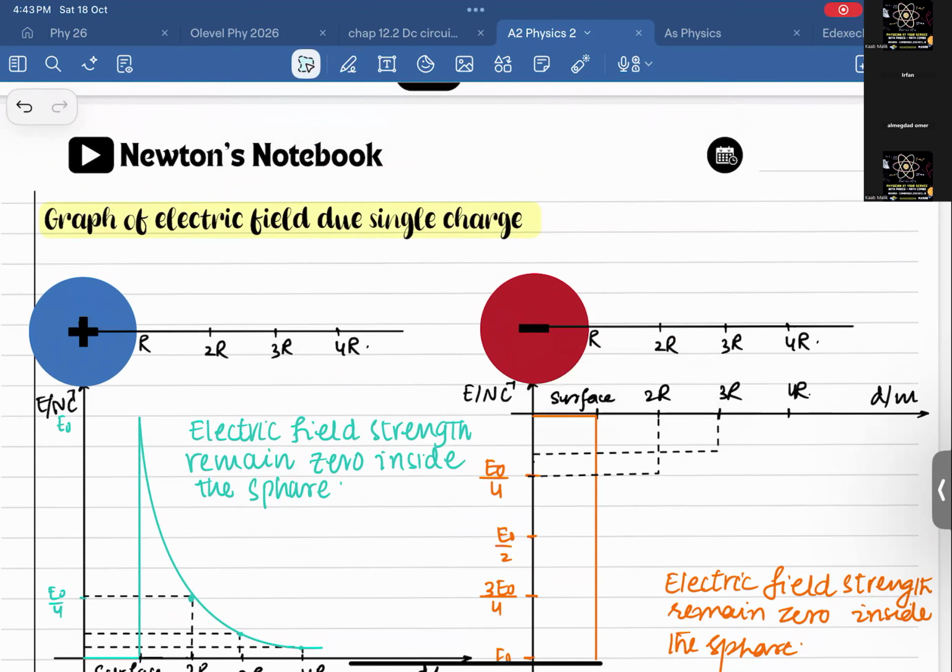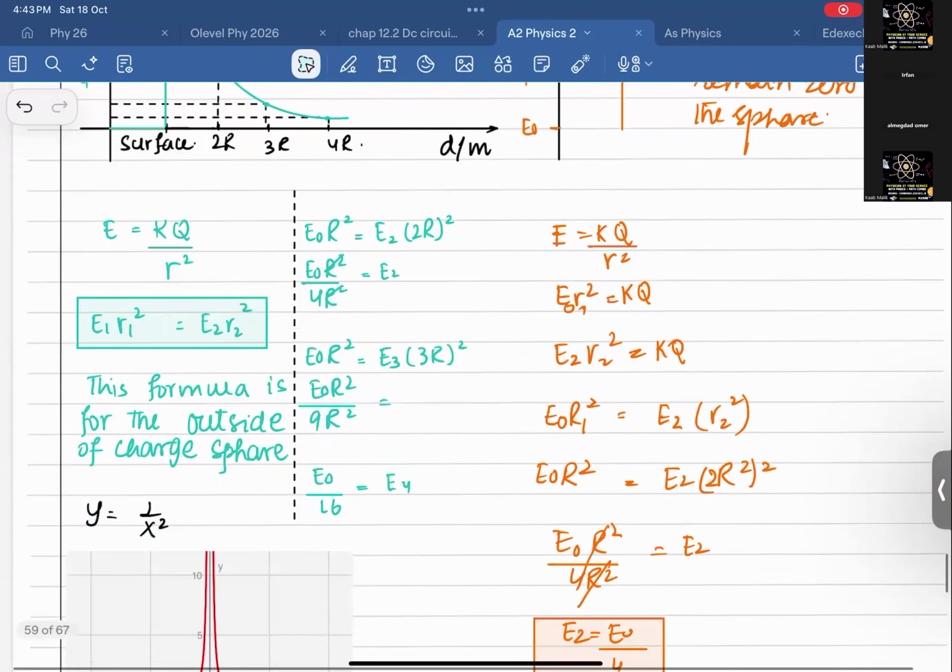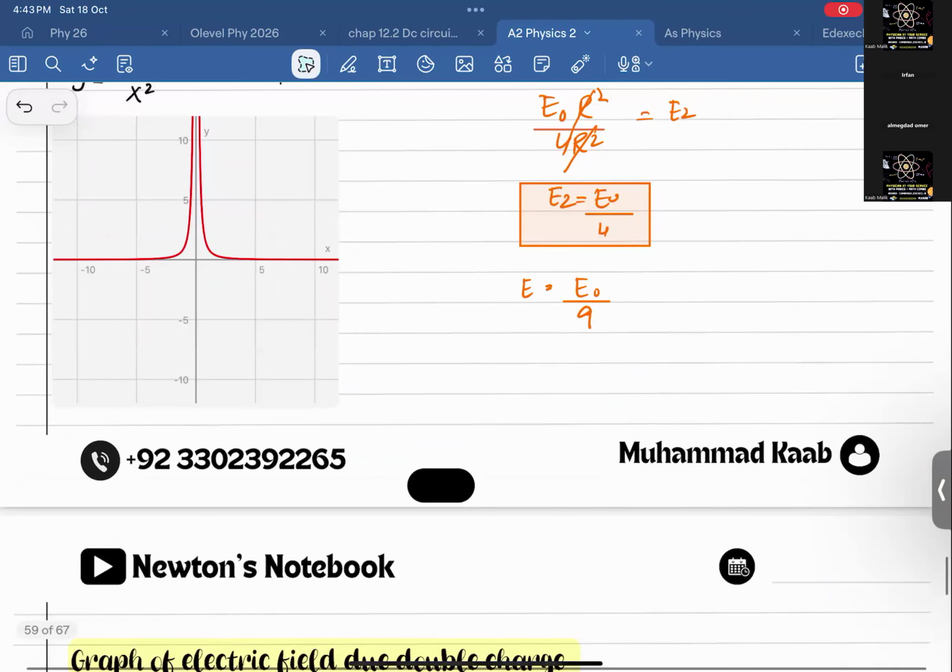Now, at that point, this has a value of something around 0.111.